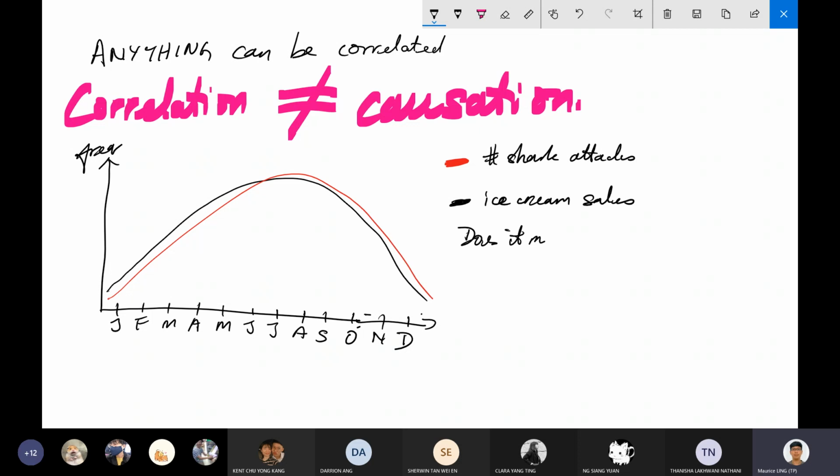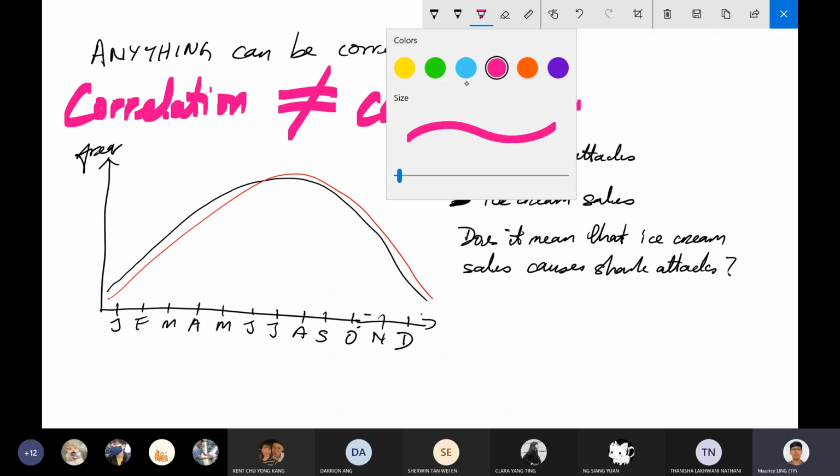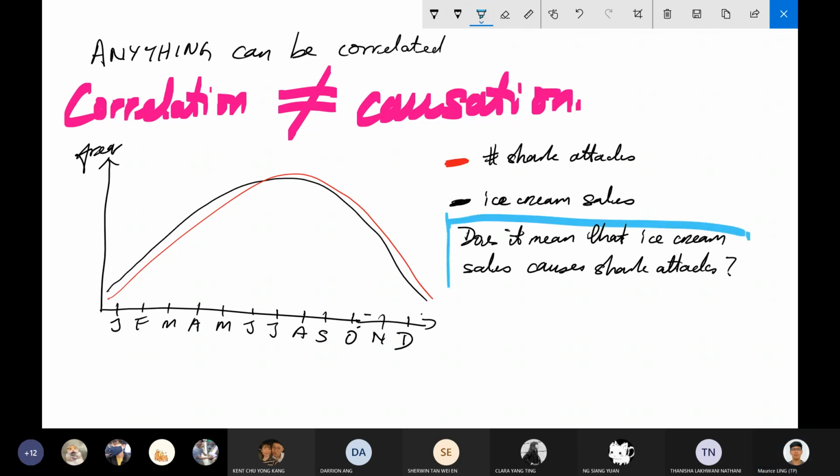Does it mean that ice cream sales cause shark attacks? Yes or no?